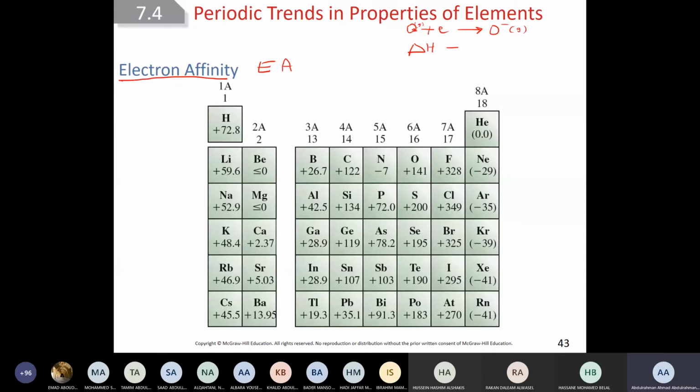What's delta H? Minus 141, exactly. Is this clear?